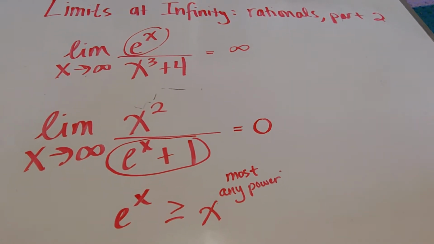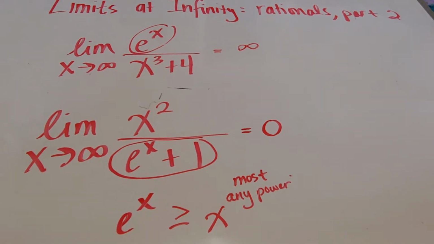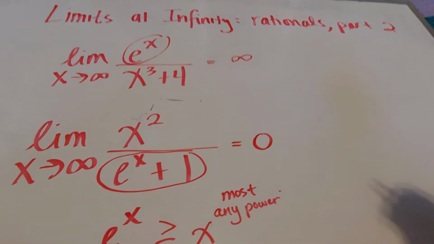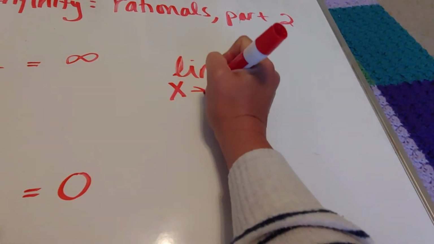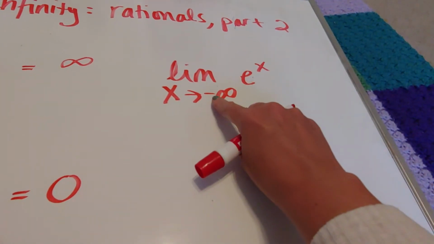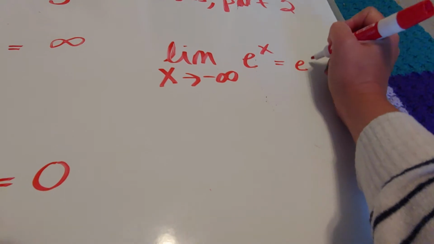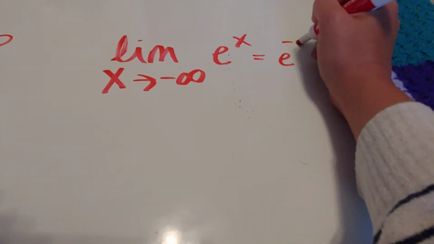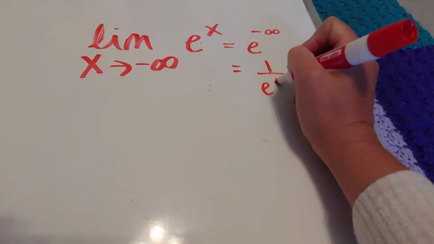Okay, now, a little bit of a tricky thing, though, is when we talk about negative infinity. The reason why negative infinity is a little bit tricky is that, think about e to the x. As I go to negative infinity, this is the same thing as, if you will allow me to write this, e to the negative infinity, which would be 1 over e to the infinity.